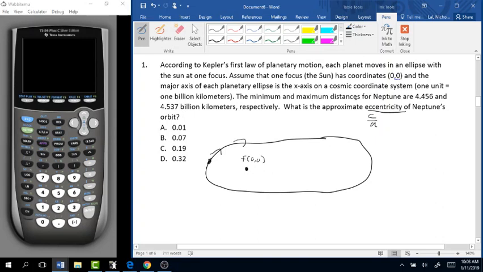So we need to identify, and remember the focus is going to be on the major axis. So this right here will be the major axis, the line that I'm drawing that is dashed. So that will be the major axis, and the major axis will have a length of 2a.